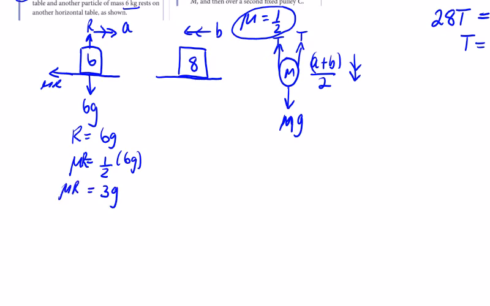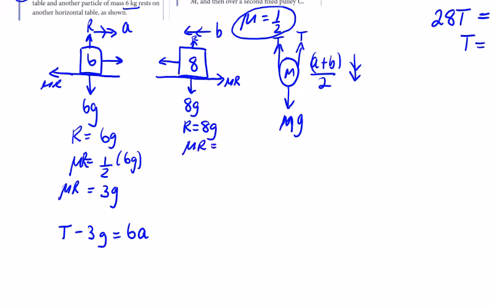So my equations, I have my tensions and my strings. I have my direction of A, so I start with T, so T minus mu R, T minus 3G is equal to MA, which is 6A. So on to the 8, again mu R, and we have R, we have 8G, R is equal to 8G. You could write 4G because you've already used the half.